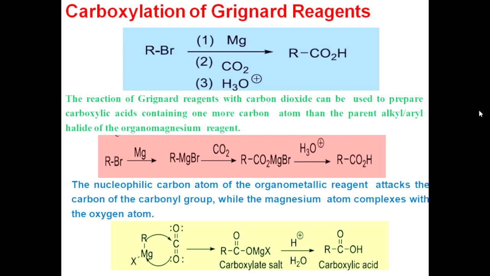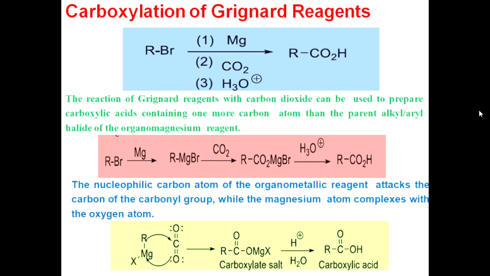So, in this reaction, carbon dioxide is inserted and R-Br, alkyl bromide, undergoes carboxylation. So, the overall reaction is first formation of the Grignard reagent, followed by carbon dioxide insertion, then hydrolysis of this product will take place and carboxylic acid will form.